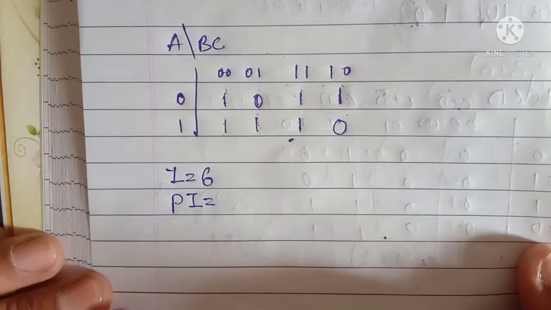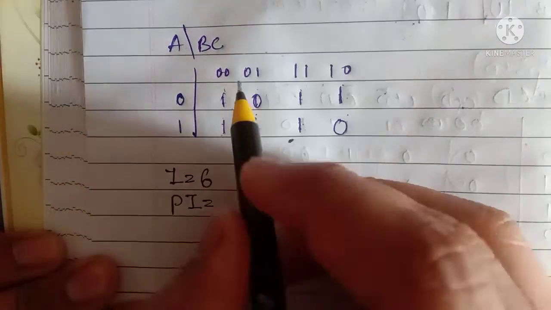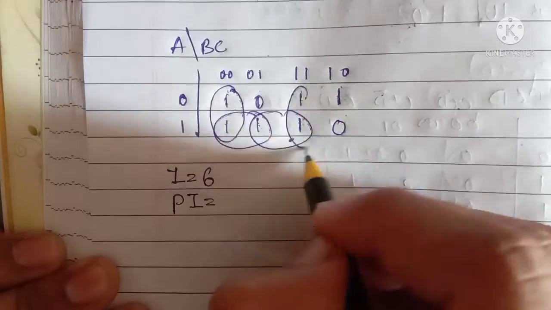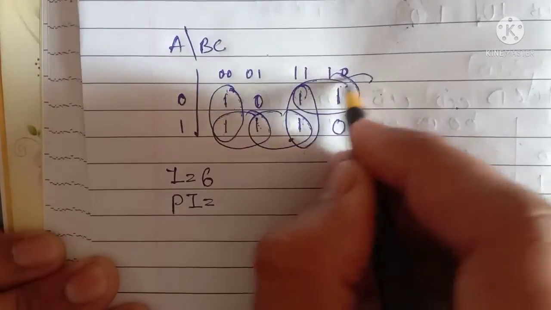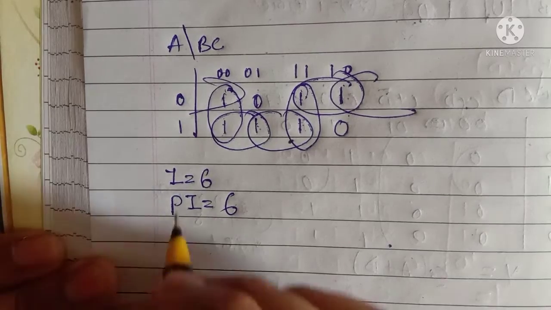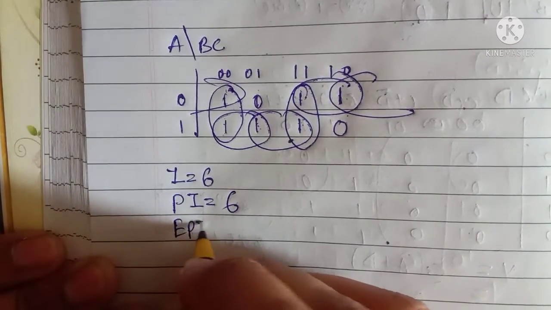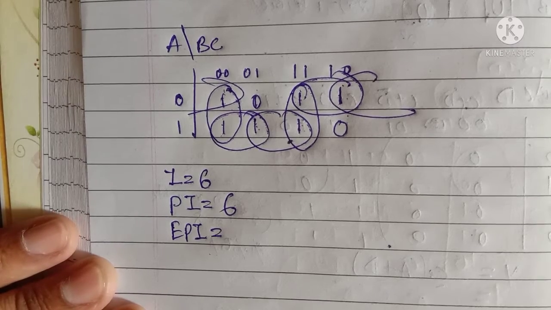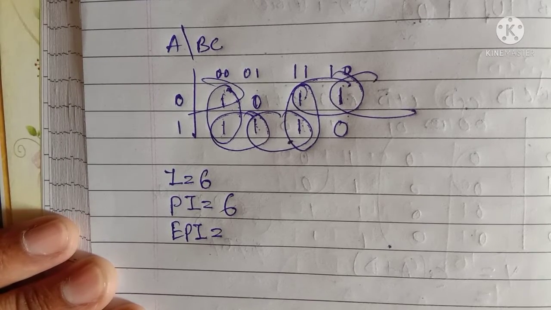Now, what is a prime implicant? Prime implicant means you just need to form a group. So 1, 2, 3, 4, 5, and this is the 6. Understood? And now you need to find the essential prime implicant, which is the one that is not common to both.